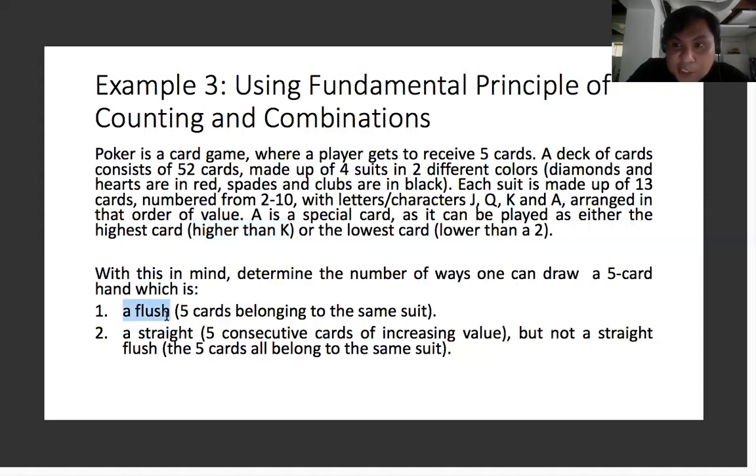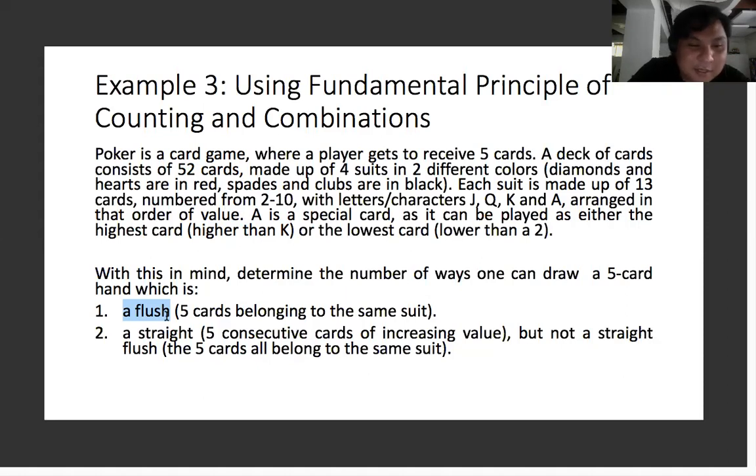A flush is a group of 5 cards which belong to the same suit. They can all be hearts, they can all be diamonds, they can all be spades, they can all be clubs.